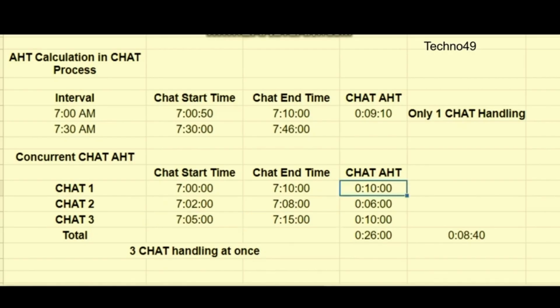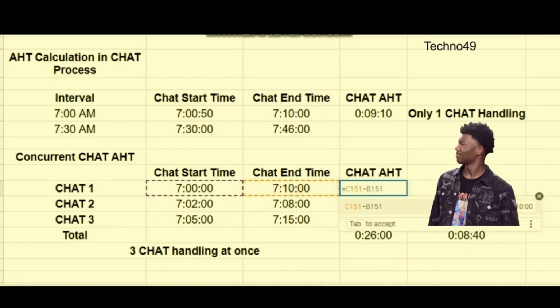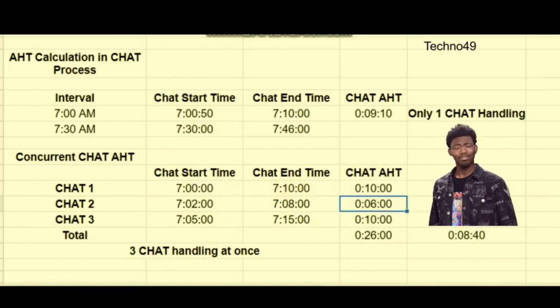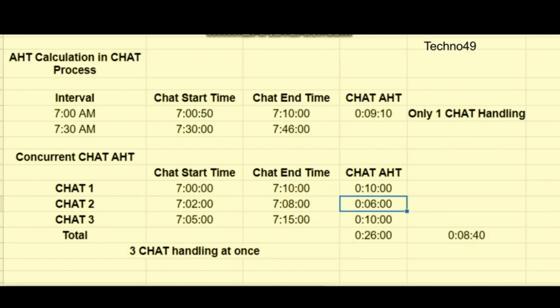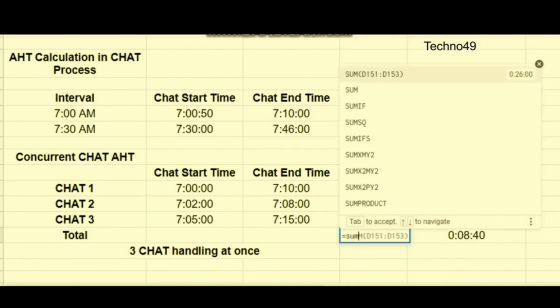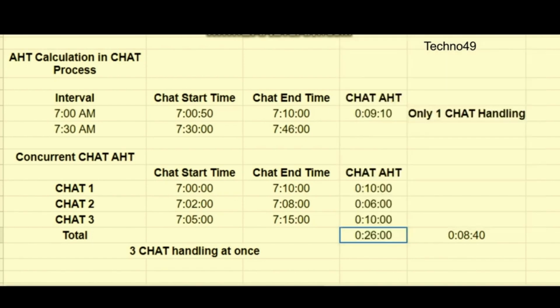So here simply what I have done, I have just taken the chat end time minus start time. So here I get the AHT for the second chat, the AHT for the third chat. Now we have to calculate the sum of these 3 chats, that would be your 26 minutes.